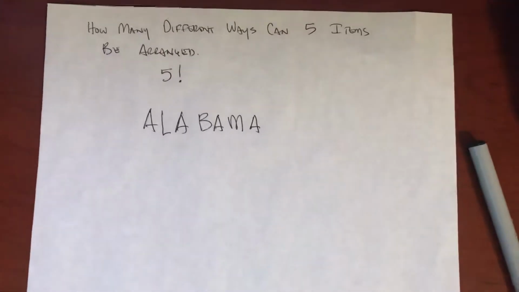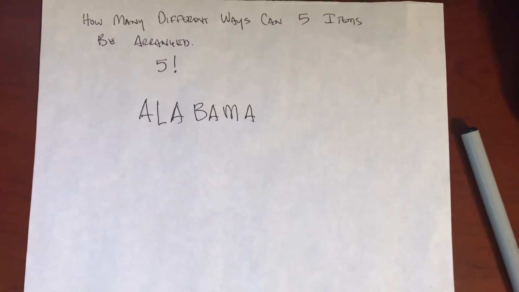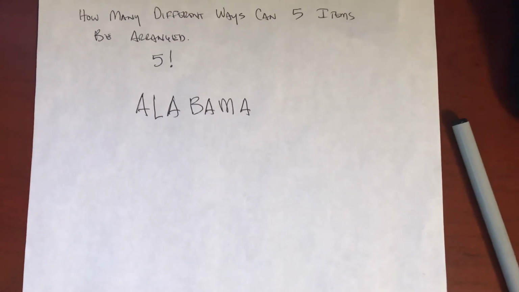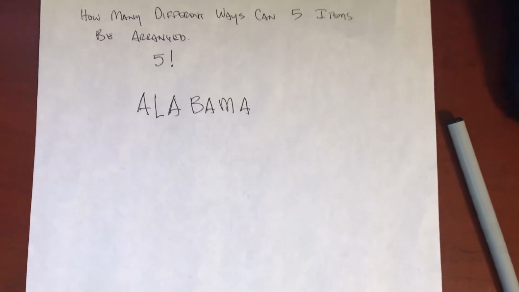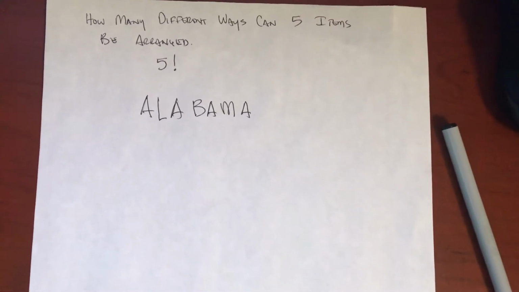We've got the letters of the word Alabama. How many different ways can we arrange those letters? Well, first of all, we need to determine how many letters there are. There are 7.